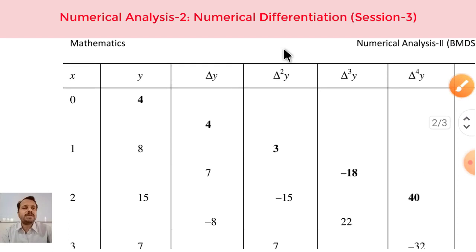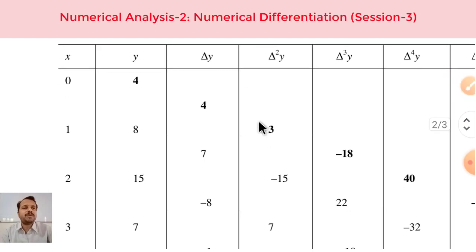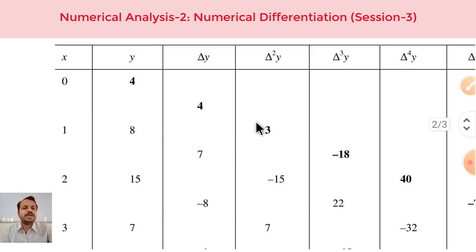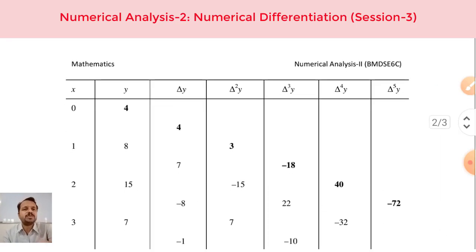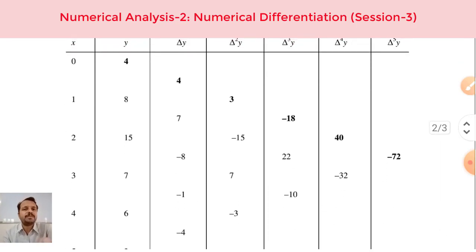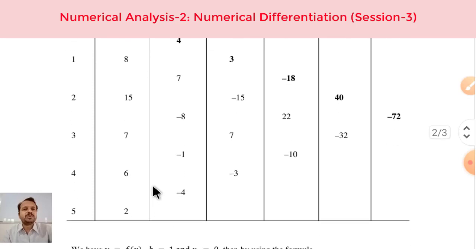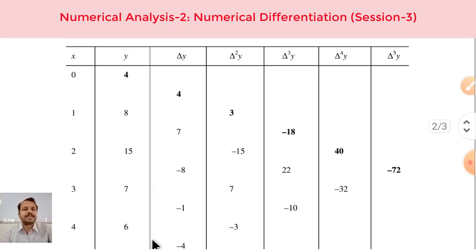So this is the table we are having over here. Please have a look at this. So here, first of all, the values of x which we have written in the first column are 0, 1, 2, 3, 4, and here it is 5. So these are the values of x given.